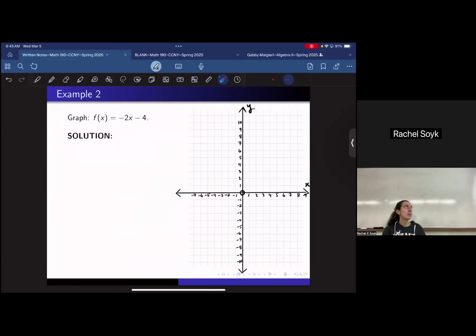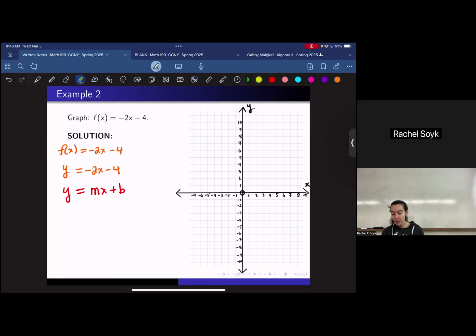Right. Example 2, we are now asked to graph this function f of x is equal to negative 2x minus 4. Again, this is the same as just y equals negative 2x minus 4, which is very similar to our slope-intercept form, y equals mx plus b.